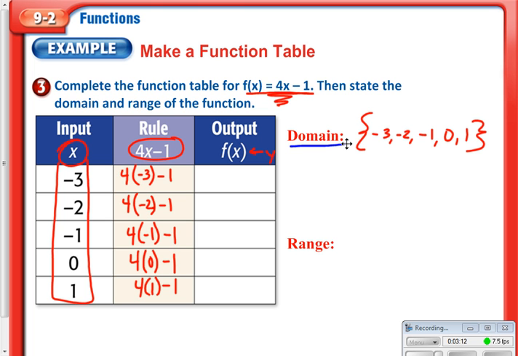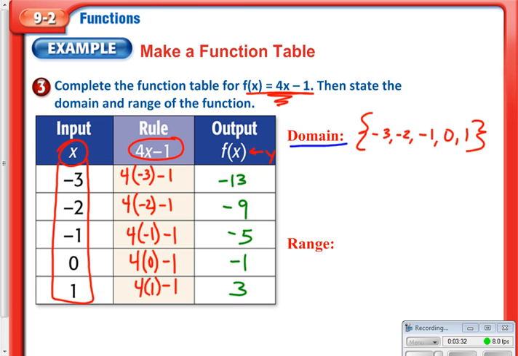Now we would go ahead and solve these. All I did is take those x values and input them into the rule. When you do your computation here, you get negative 13, followed by negative 9, negative 5, negative 1, and 3. Those are all your y values.